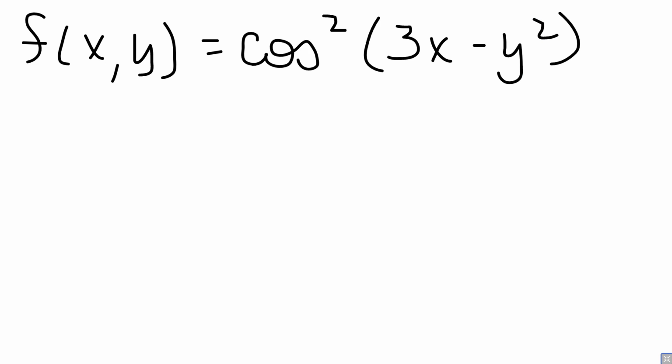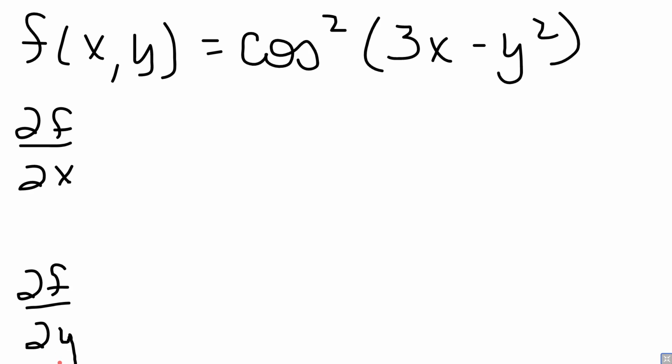I want you to do the partial of f with respect to x and then find the partial of f with respect to y. I'll give you a couple of minutes to see what you come up with on that.